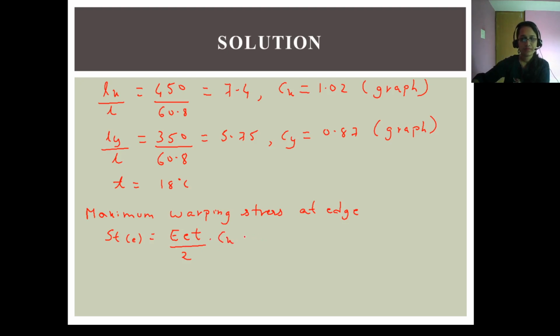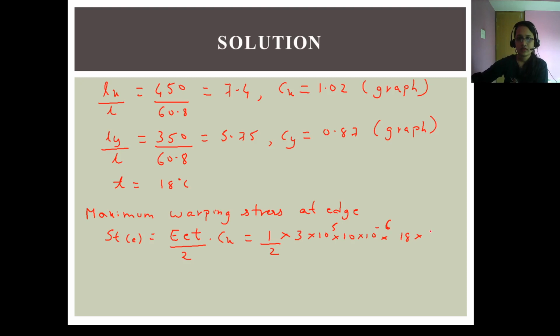So this equals half into 3 into 10 raised to 5 into 10 into 10 raised to minus 6 into 18 into 1, Cx is 1.02.